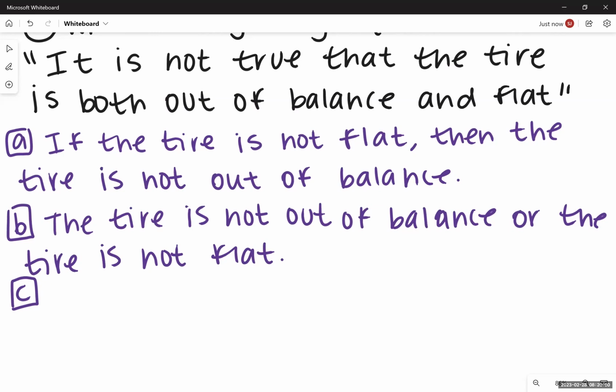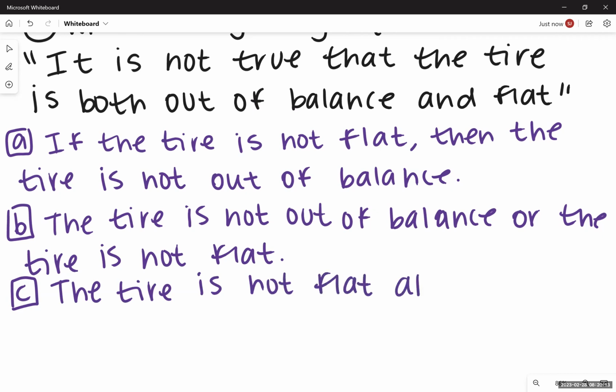For our C statement, the sentence that they give us, is: the tire is not flat and the tire is not out of balance.